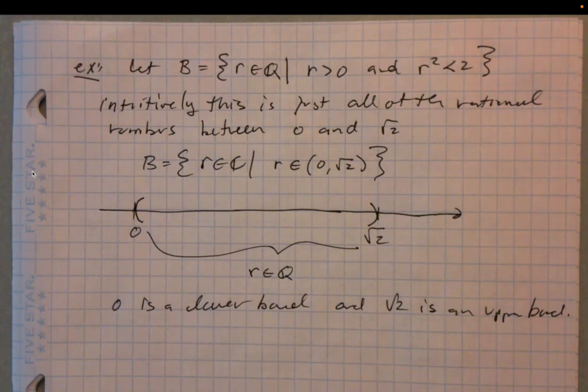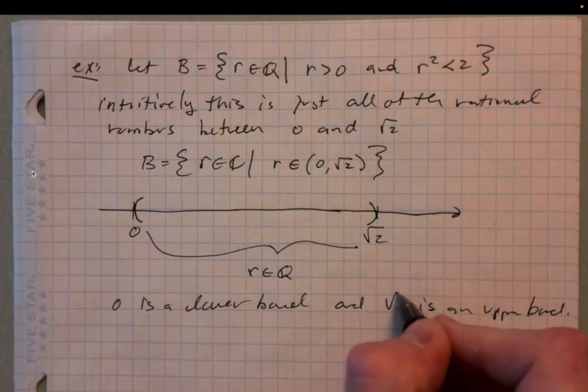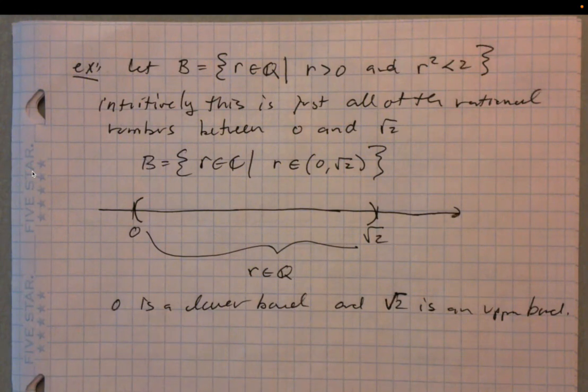But what's really interesting about this example is that while B is bounded, and this is one of those fascinating opening ideas from real analysis, a set may be bounded, but that doesn't necessarily imply that the set has a largest element. That's the case here. B is bounded above, but the set B does not have a largest element.